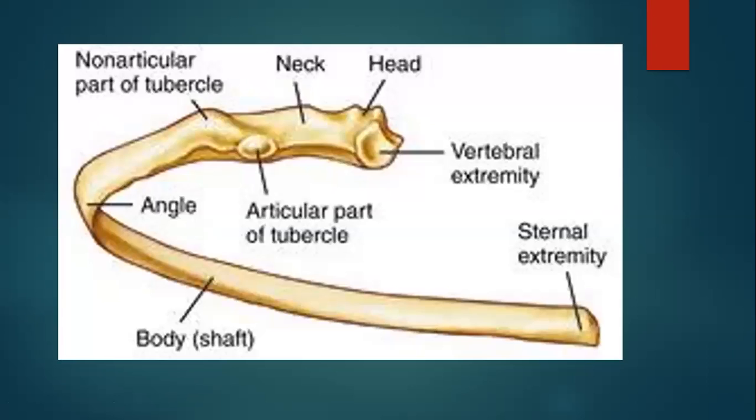So here are the parts: the vertebral extremity, which is attached to the thoracic vertebrae, then the head. Take note where it's going to be attached. Then the tubercle, and take note where in the thoracic vertebrae it's attached. This is the neck. We have the angle, the body or shaft, and the sternal extremity, which is where the costal cartilages are attached.